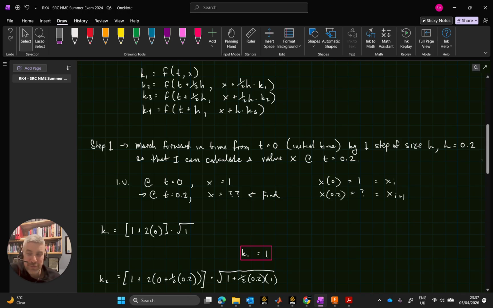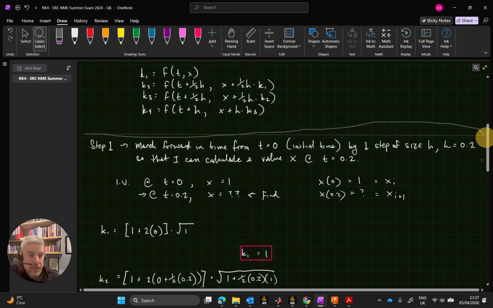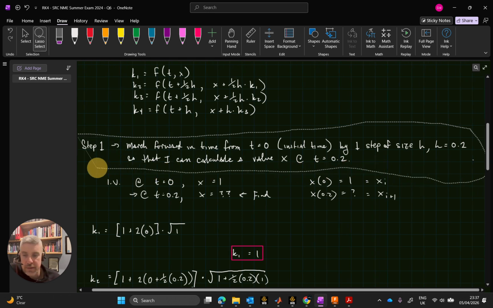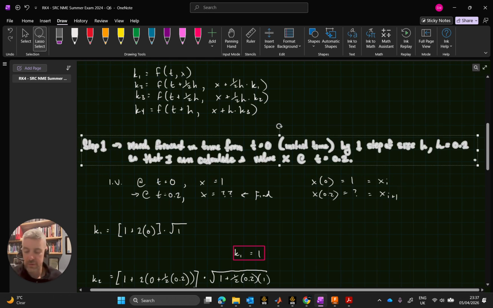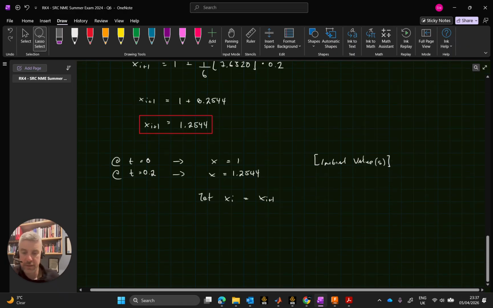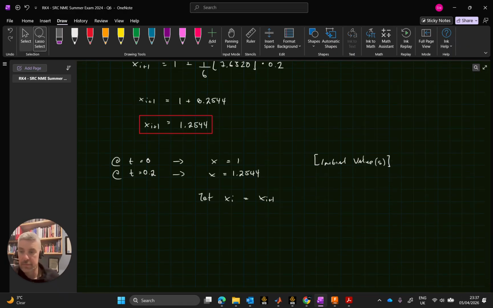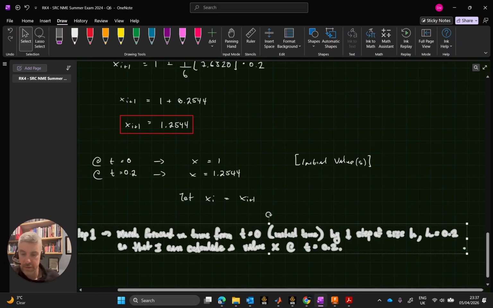I didn't put in step 2. I should have written in step 2, calculate k's, step 3, then calculate your new x value. But just again, for consistency, let's take this, Control C, select, let's put it in here, Control V.